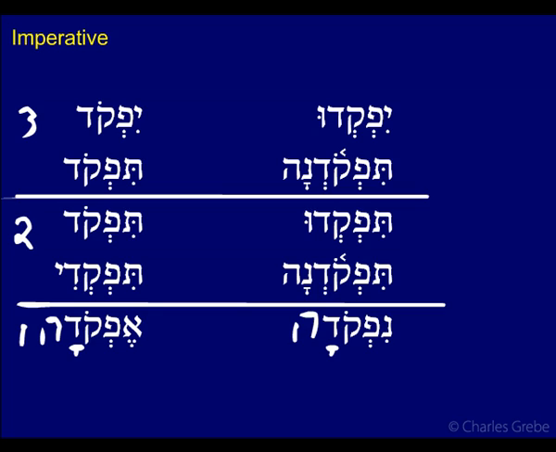Now, what happens, maybe I should have used red or something. What happens with the imperatives is that you take off the prefix. So imperative is the second person, so we're dealing with the second person forms, and you take off the first part. And then you get your imperative.